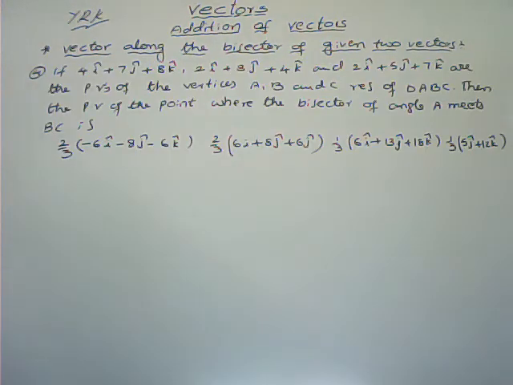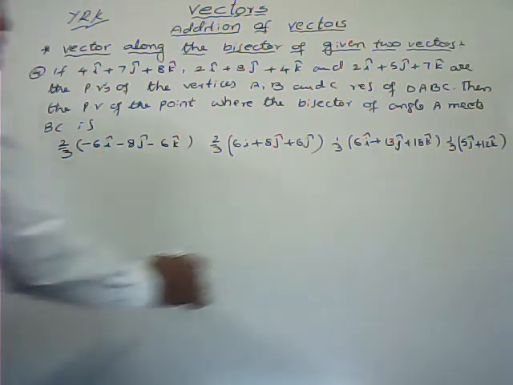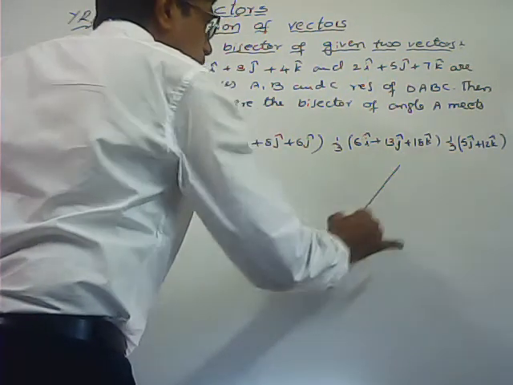Here next one more. If these three are the position vectors of the vertices of triangle ABC. The triangle ABC is given.